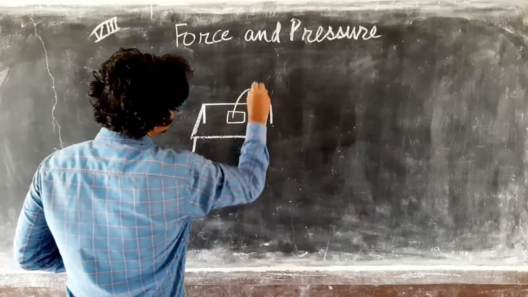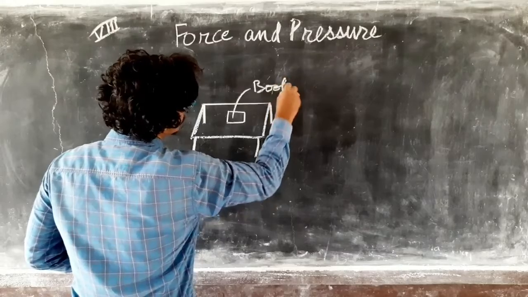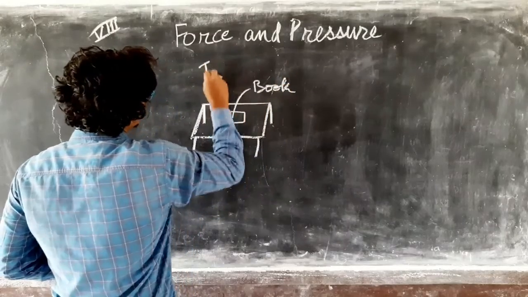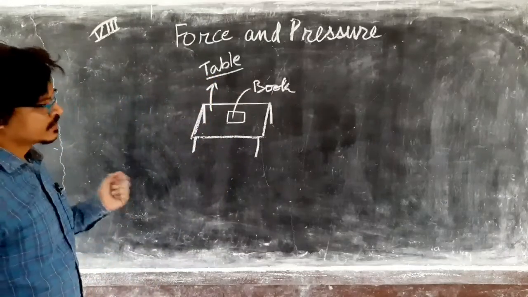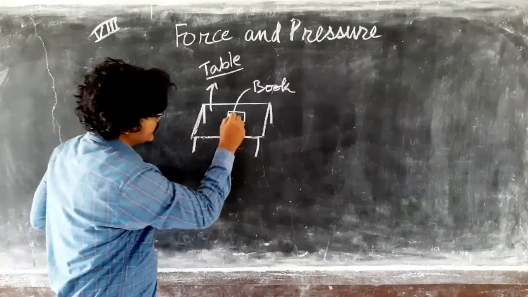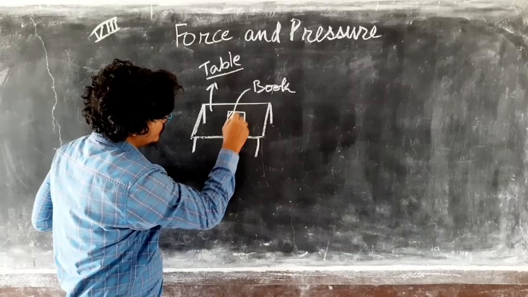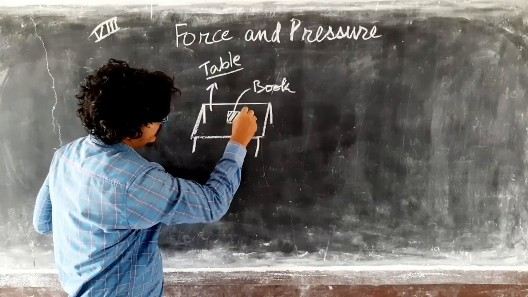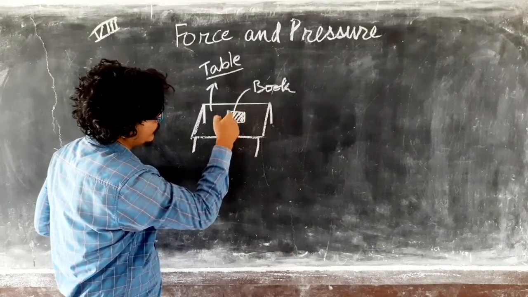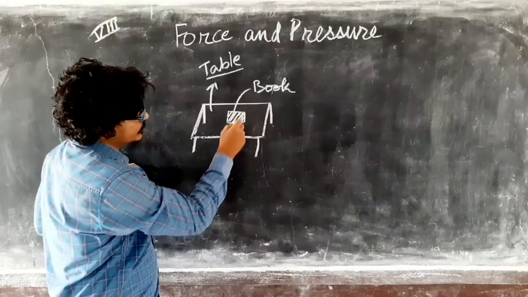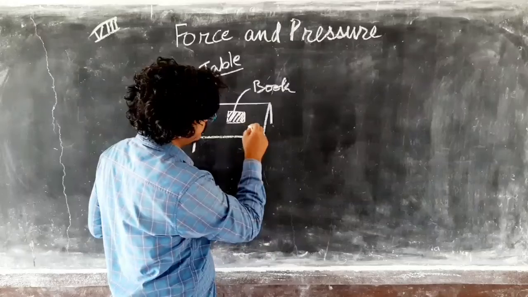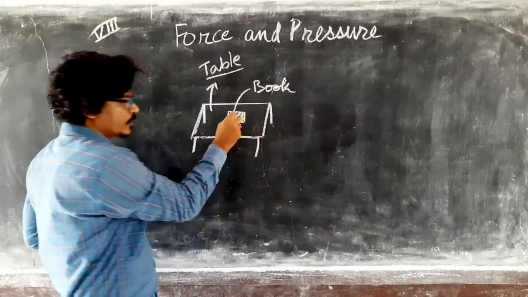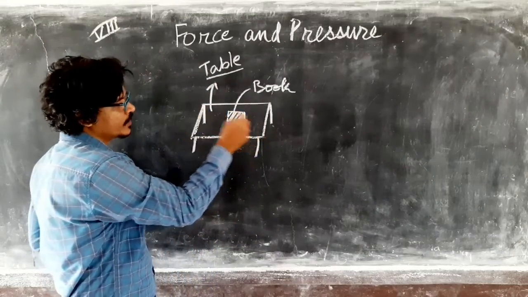This is the book and this is the table. So if this is the area of the book, the area which this book is occupying on this table, this book has some weight. So this book will apply pressure on the table due to its weight.